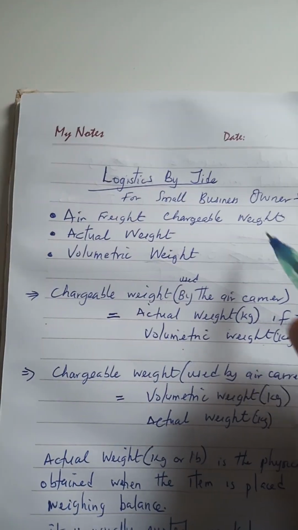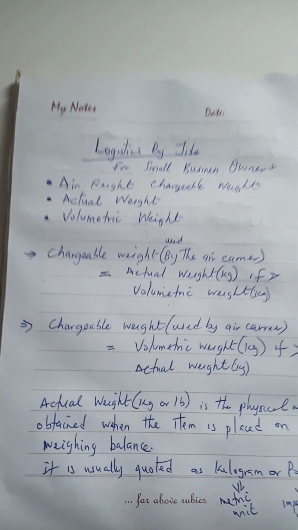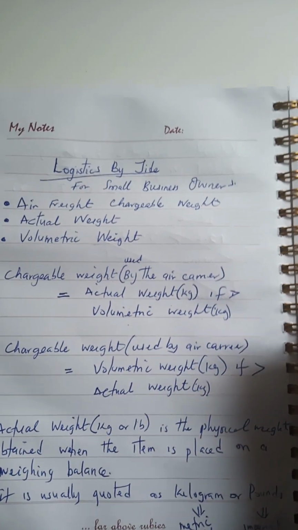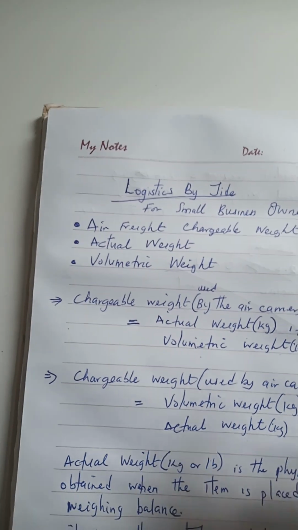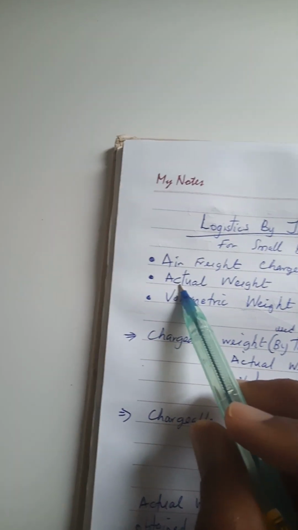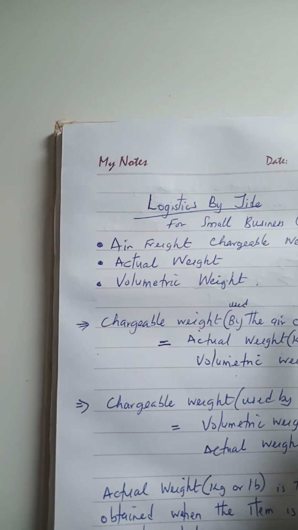So this is the quote. Chargeable weight is the quote that your air carrier or your freight company will quote for you. But that chargeable weight depends on either the actual weight or the volumetric weight, whichever one is greater.